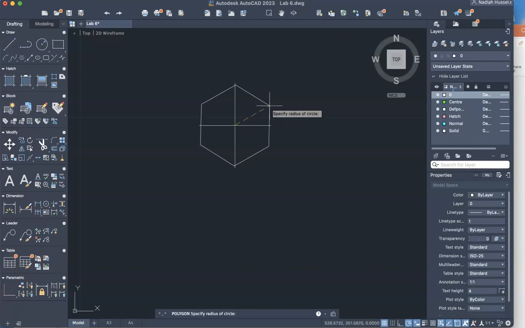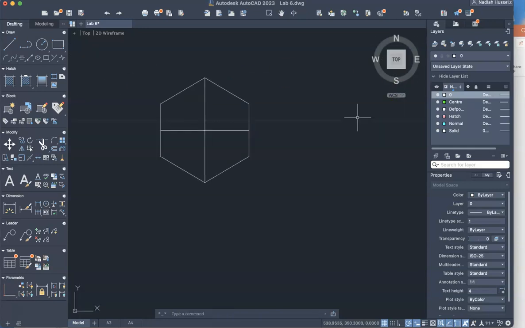It seems that it's not snapping. The pointy side should snap. Okay, so this is snapping. I don't know if this is correct, but we can measure.